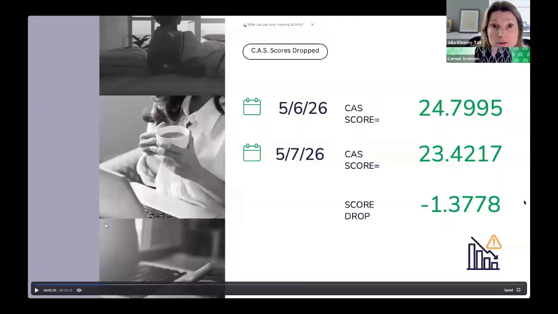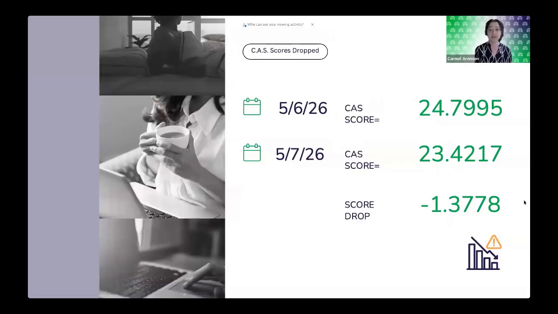We woke up to find that our CAS scores had dropped, even though our need for a life-saving transplant remained just as severe. My CAS score dropped by almost 1.4 points once the new allocation ratios went into effect.